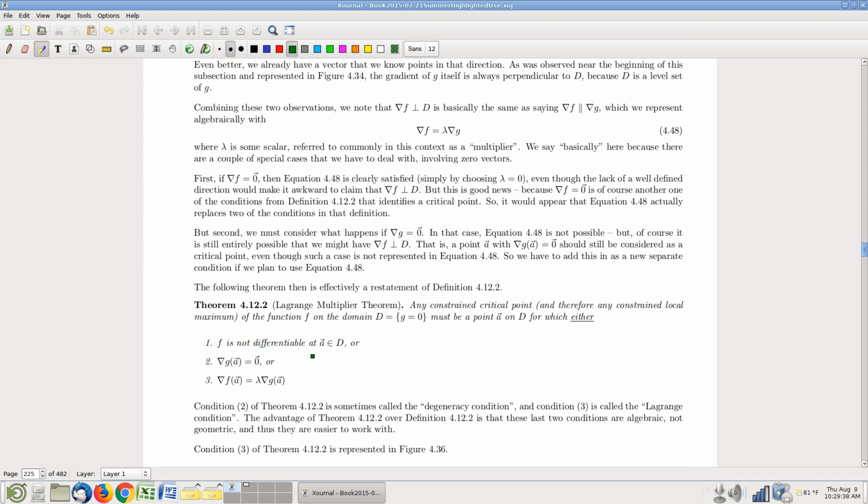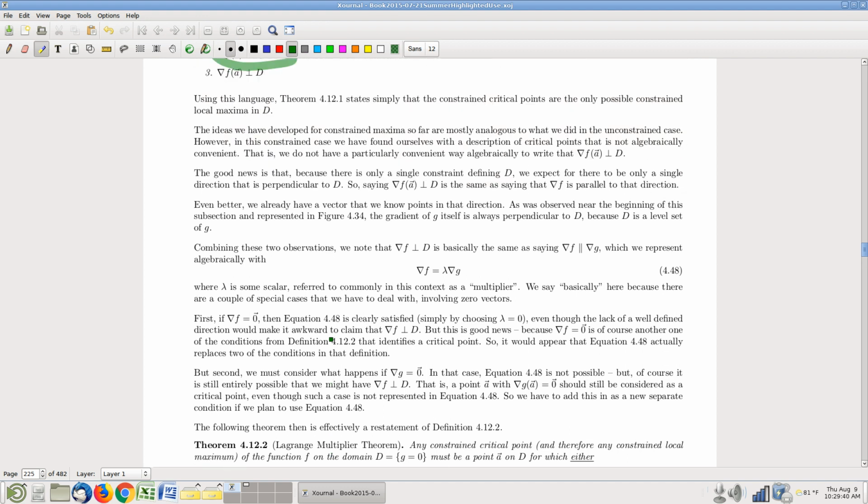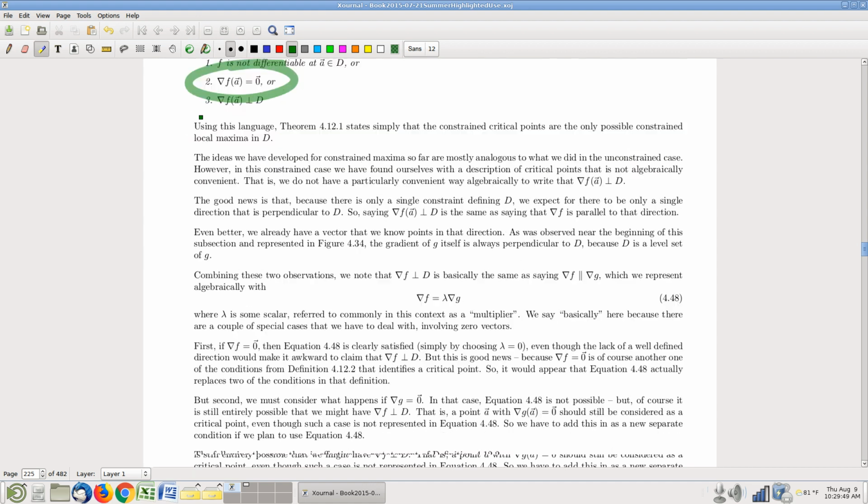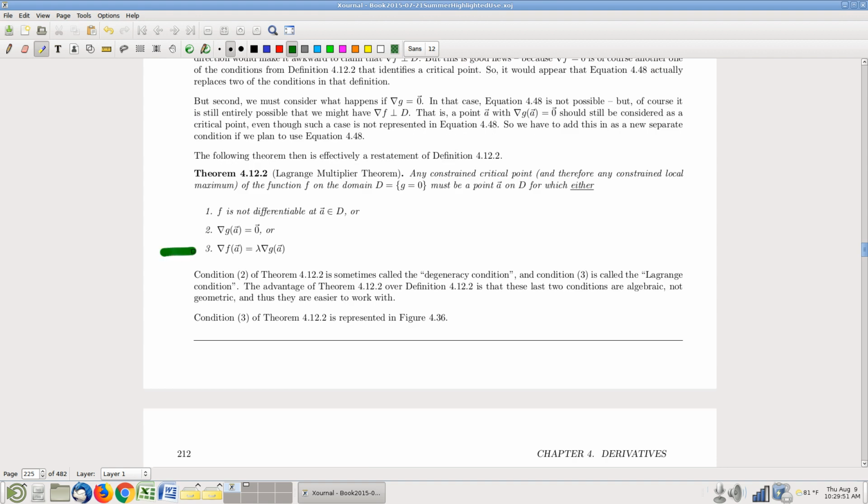So it's actually a fairly detailed little discussion. Let me just walk you through it very, very quickly. We're interested in when the gradient of f is equal to 0. Here's the good news. Condition 3 already catches that. If the gradient of f is equal to 0, the gradient of f, being the 0 vector, will be a multiple of the gradient of g. It'll be 0 times the gradient of g.